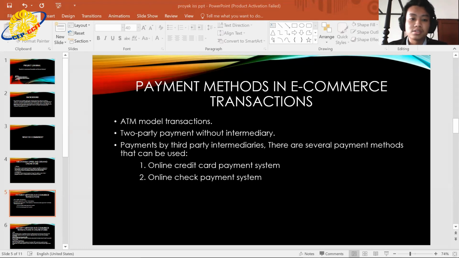This transaction is done directly at the online store cashier. And last is the payment by third party. Basically, the payment process is related to, for example, debit cards, credit cards, or checks in this category.